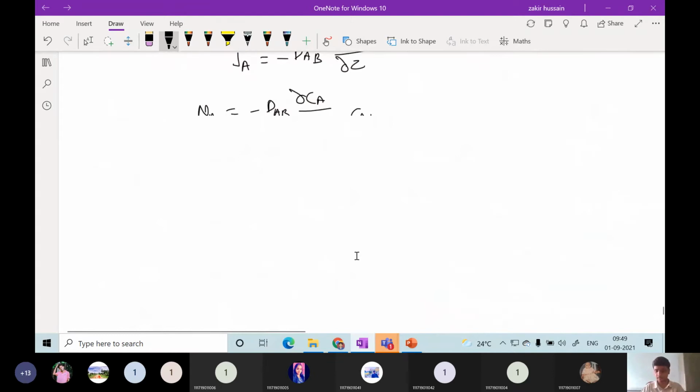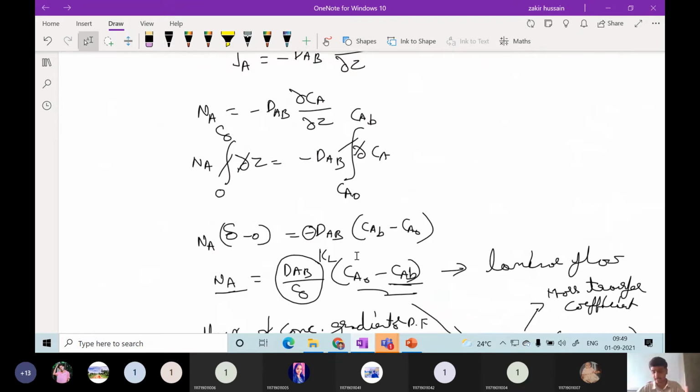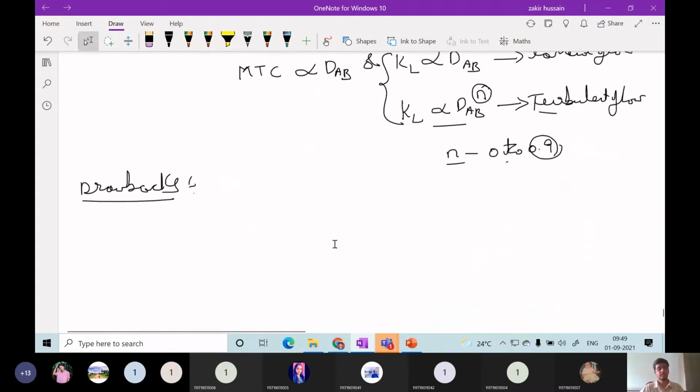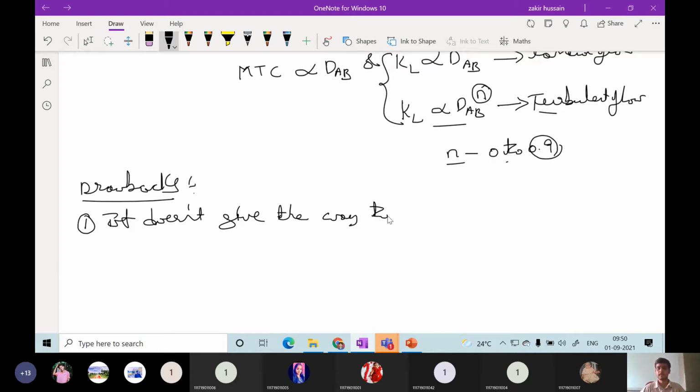So, although the film theory offers some explanation of the mechanism of how mass transfer takes place in the fluid medium, it does not explain how to estimate the thickness of the film, which is delta.